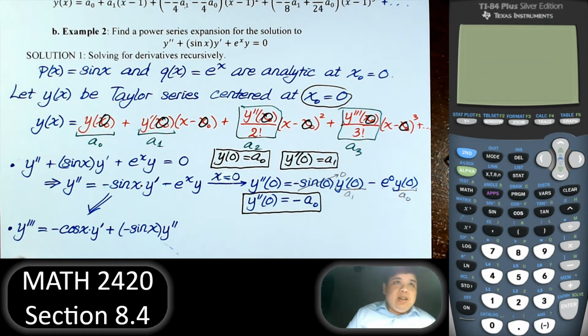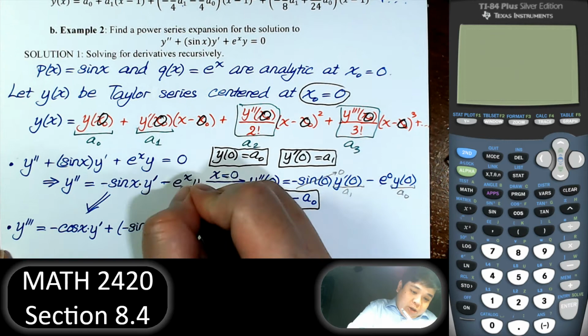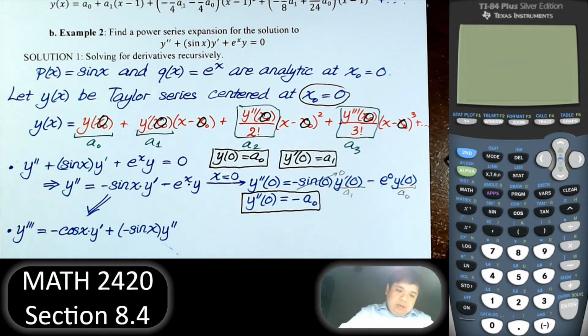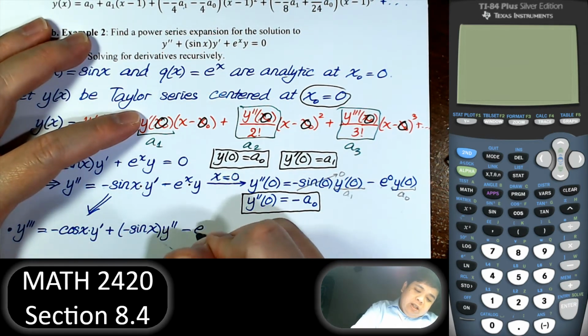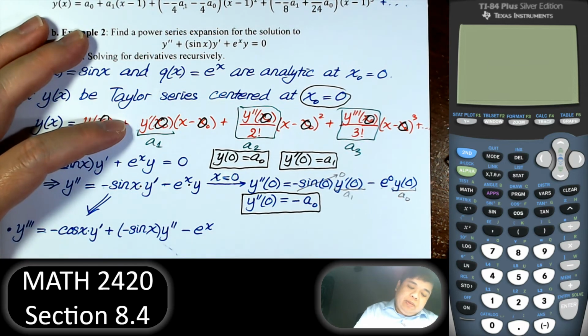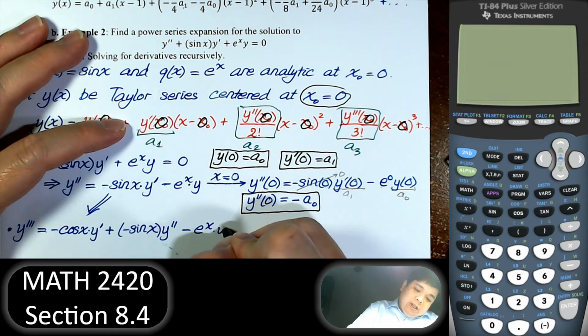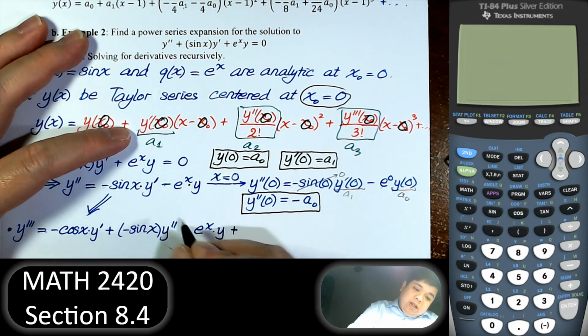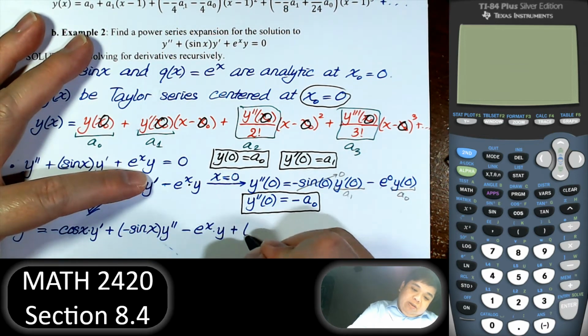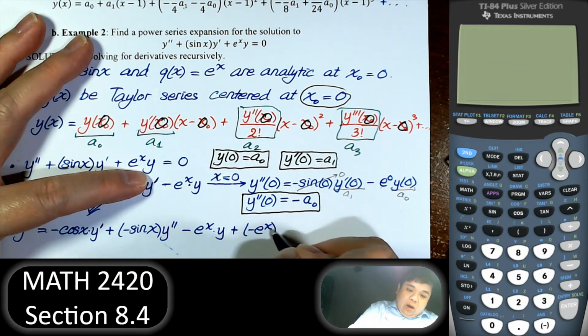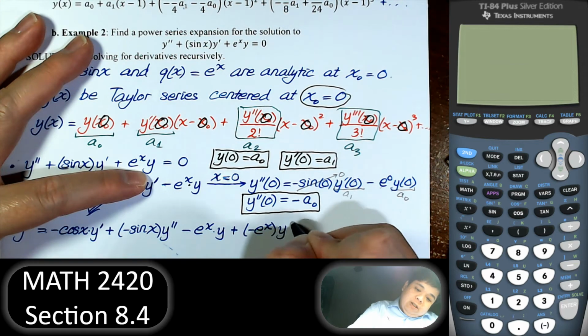So that is a product rule there, and the product rule here as well. The derivative of e to the x is still e to the x, times y, plus the first one with the derivative of the second.